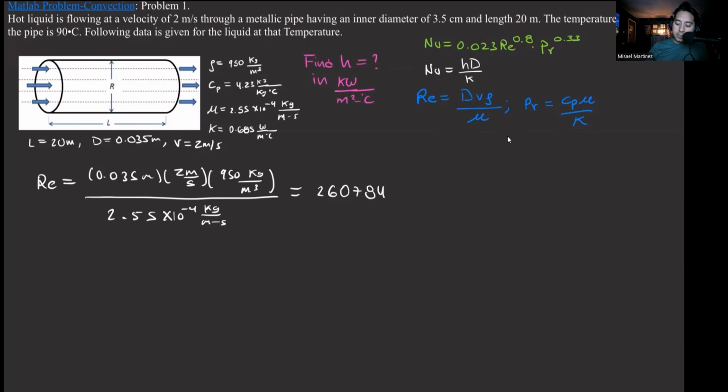All right, so let's find the Prandtl number. Pr equals Cp, which was given in kilojoules, but in order for the units to cancel, I need to write it in joules.